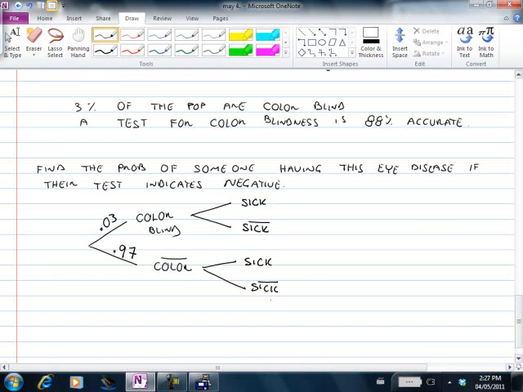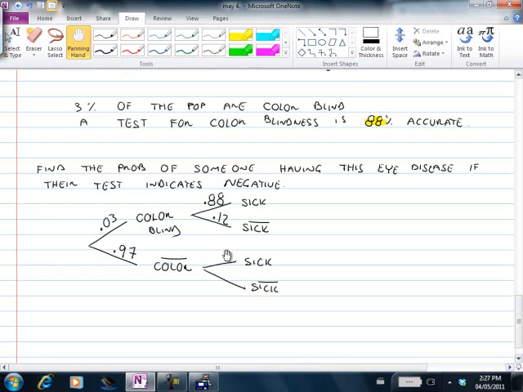Now, here's where you've got to be careful. 88% accurate. You've got to be careful where the 88 goes. 0.88 on top is correct. Javier, what number goes on the bottom right here? 0.12 is correct.